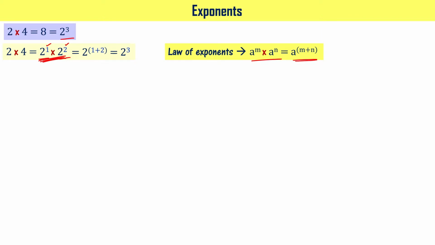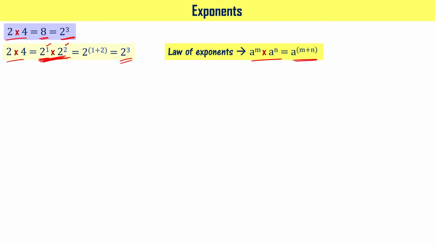You have seen that 2 times 4 can be written as 8, that is equal to 2 cube. So we have expressed 2 and 4 in their exponent form and then got the same answer, 2 cube, right?